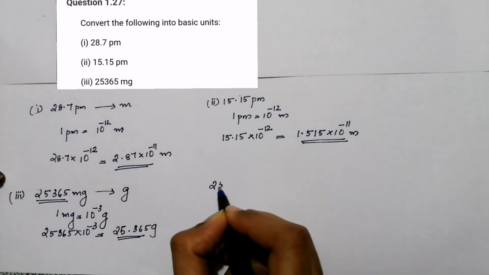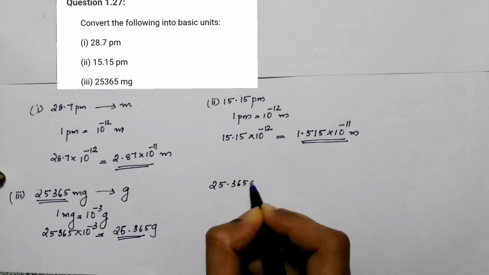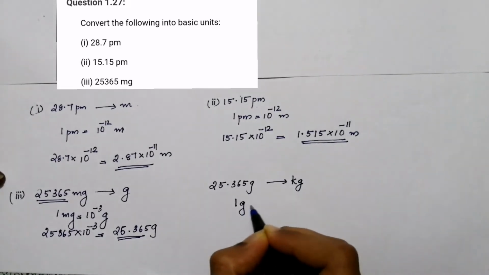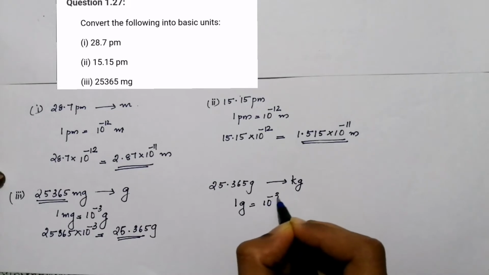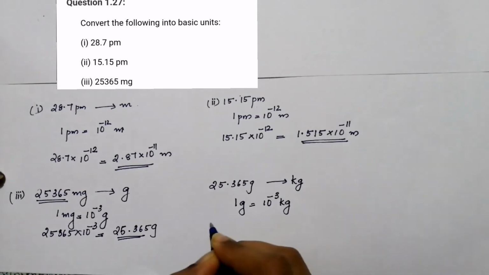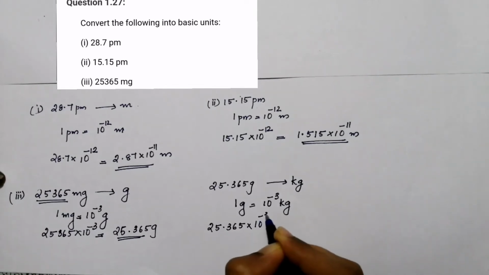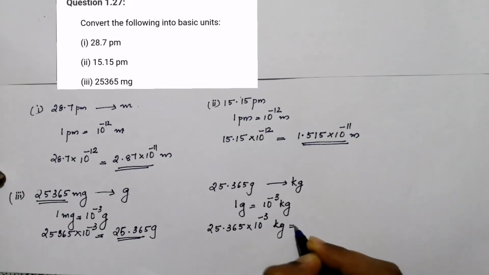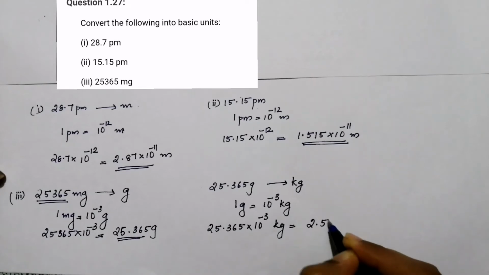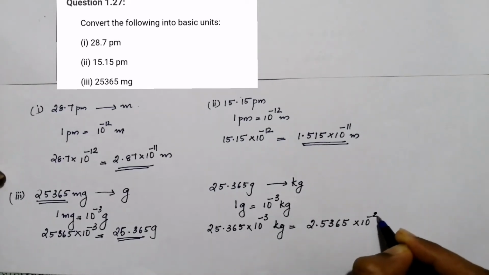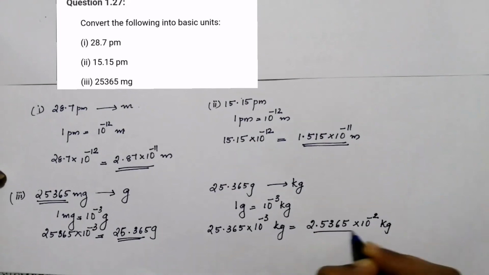Now let us convert this 25.365 gram to kilogram. For this we know 1 gram is equal to 10 power minus 3 kilogram. Now let us do the multiplication into 10 power minus 3 kilogram, or we can simply write this as 2.5365 into 10 power minus 2 kilogram.